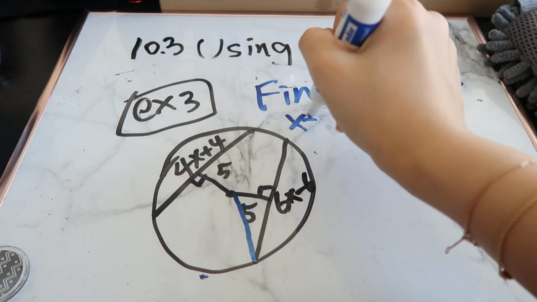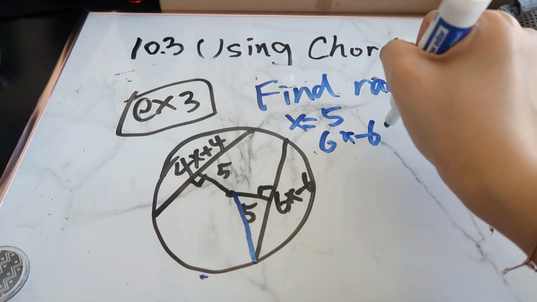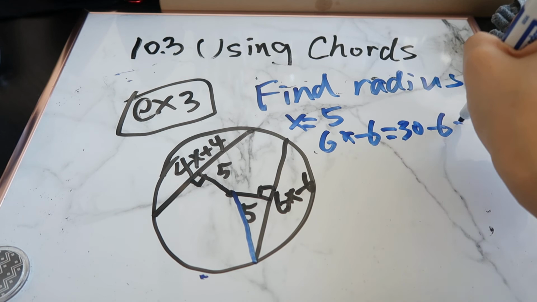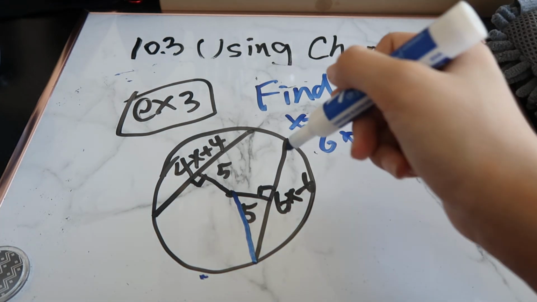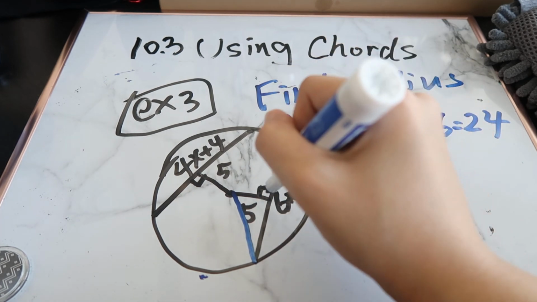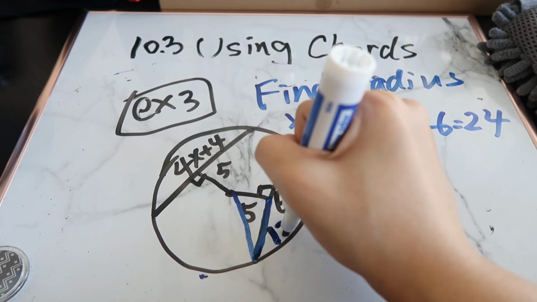So we already know x is 5. That means 6x minus 6 would be 30 minus 6, so that's 24. So in this case, this whole thing is 24, and we only need half of it, so it'll be 12.